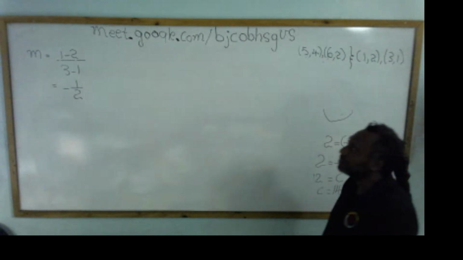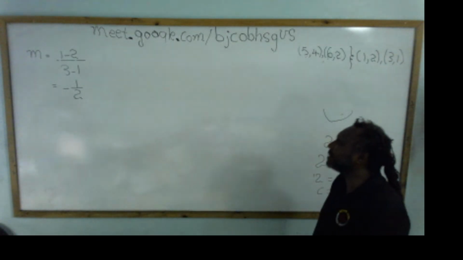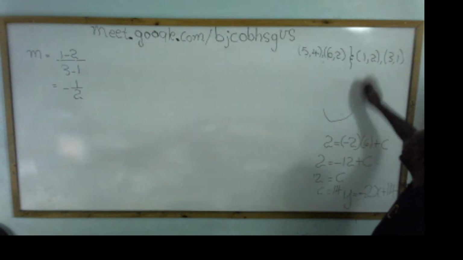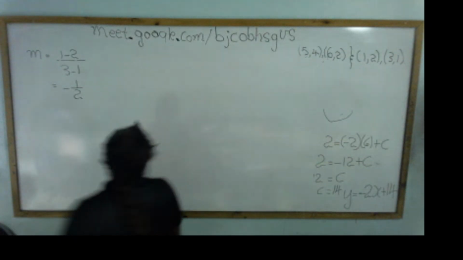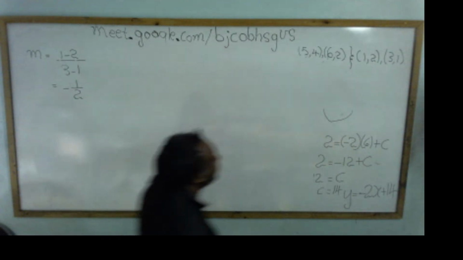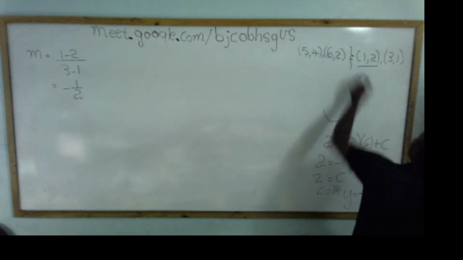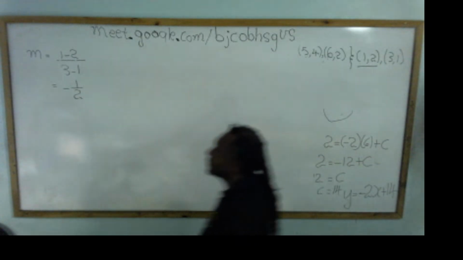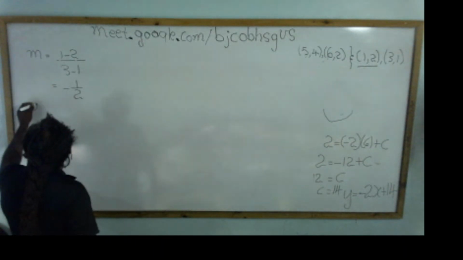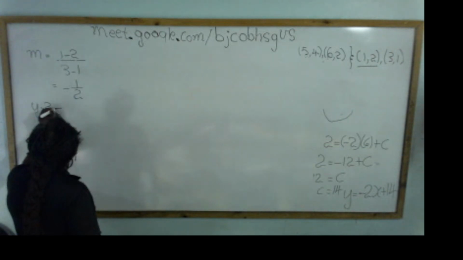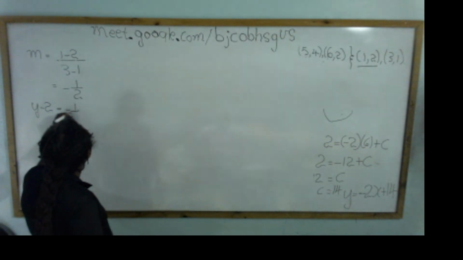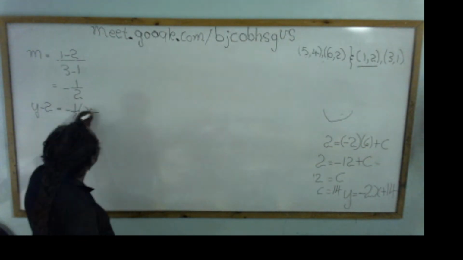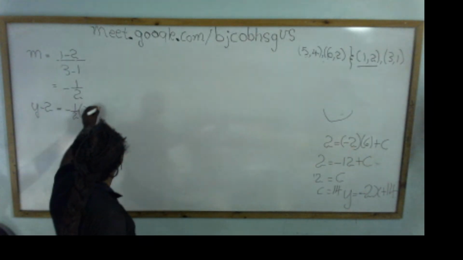But let's continue. Y minus the value of y, and I'm going to use that with the first point. The y value for the first point, this is the one that we are using first, 1, 2. So we're going to have y minus 2 is equal to gradient times x minus 1.